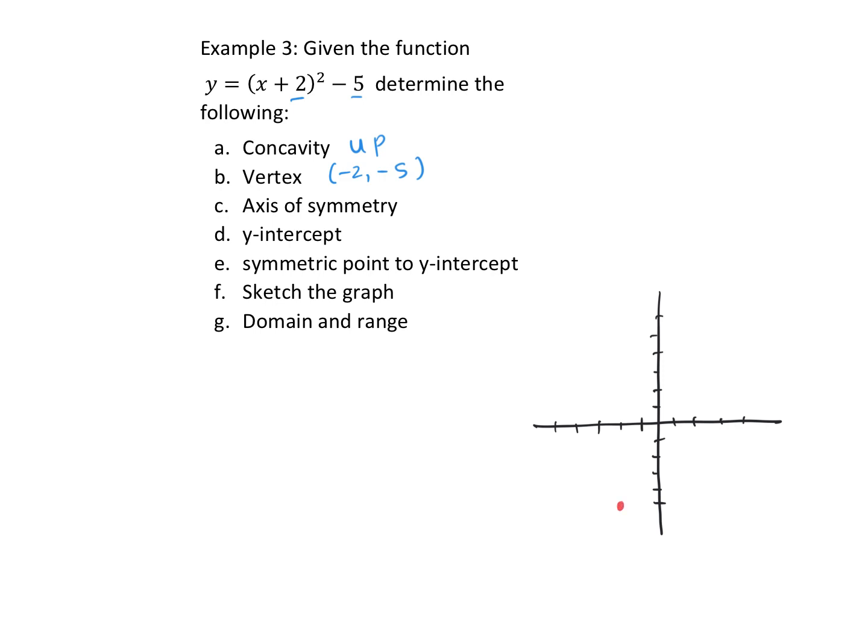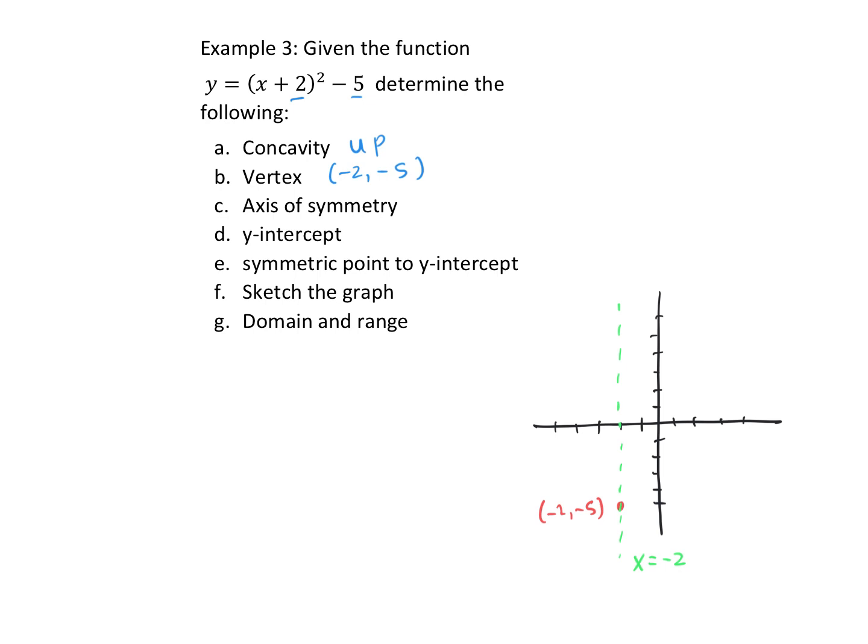I know it's going to open up. My axis of symmetry is going to go through that vertex. So my axis of symmetry, let's label this vertex as negative 2, negative 5. So my axis of symmetry is going to go through at negative 2.